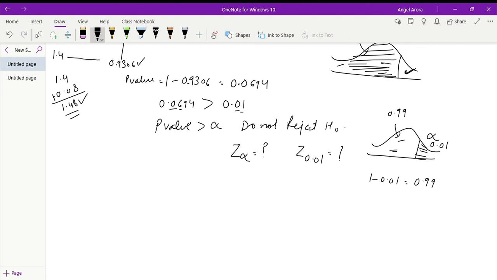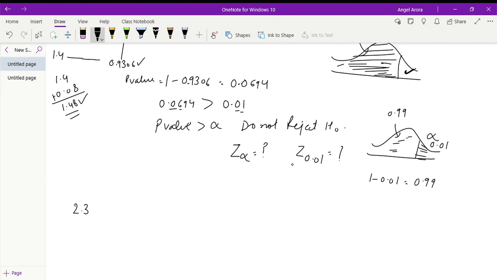As we know, in the z value chart, values have been given corresponding to the left of the z value. So for this area 0.99, we must look for this value 0.99 in the positive z value chart.